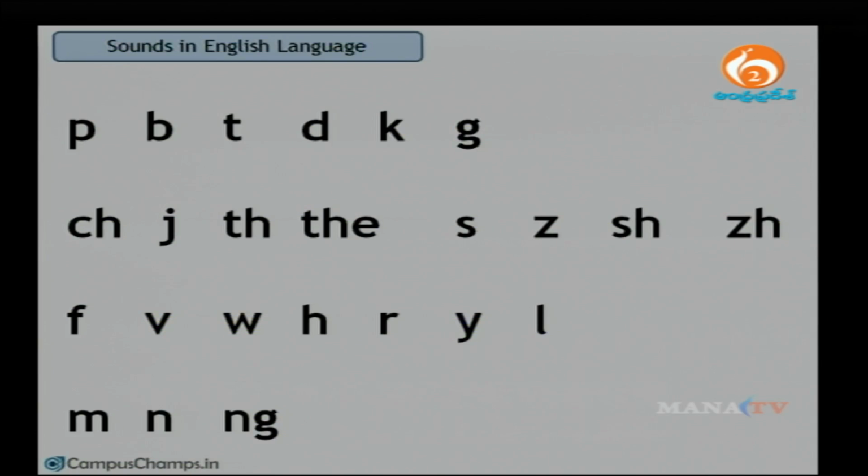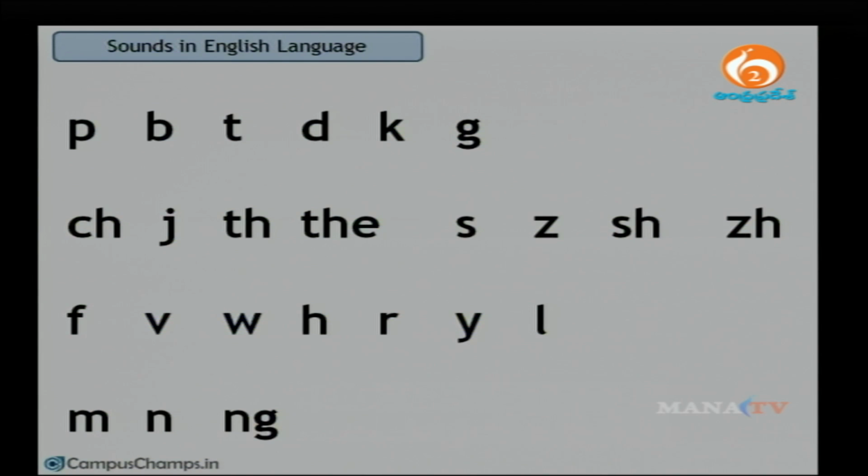When you kiss, you roll your lips. So, V is you bite your lower lip, W you make an O out of your lips. So, it's F, V, W. We are looking at the third line on the slide. Let's go back to the slide. F, V, W, H, R.